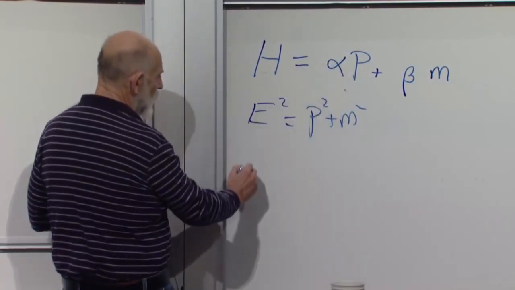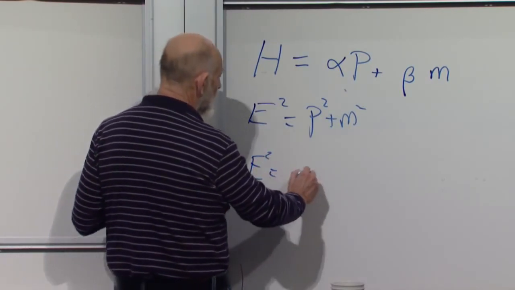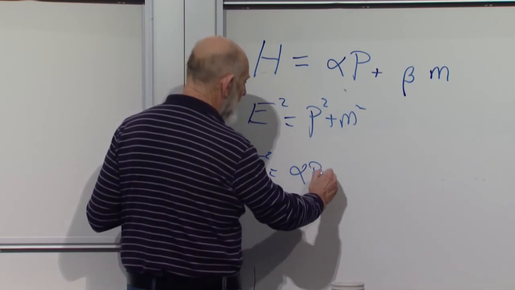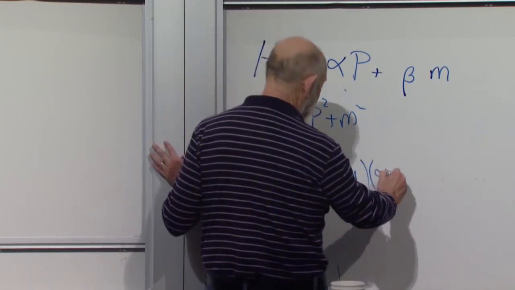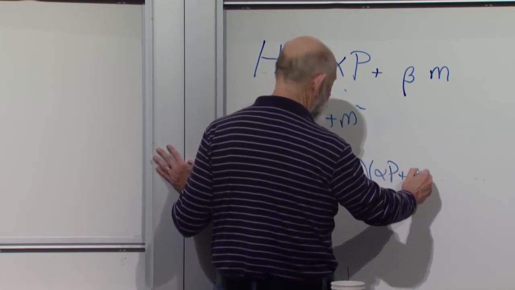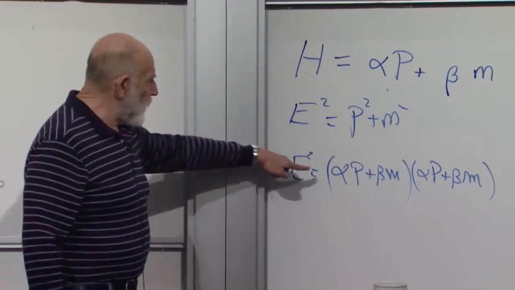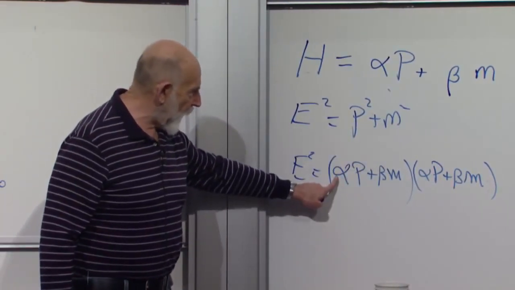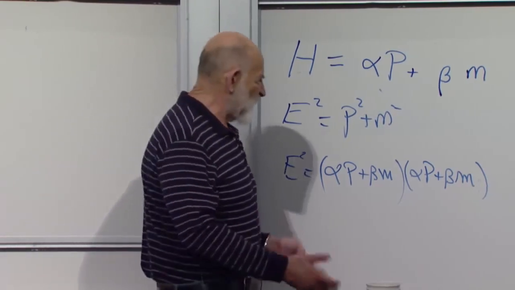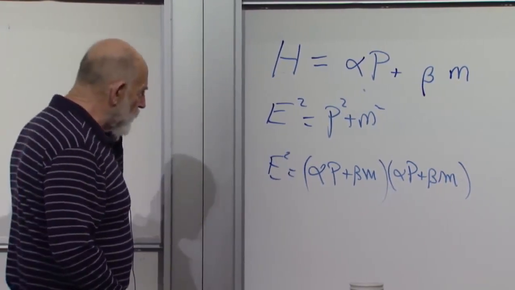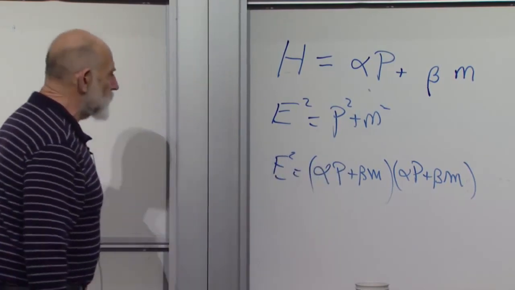All right, so that says H squared, which is E squared, should equal alpha p plus beta m times alpha p plus beta m. Okay, first of all, I'm going to get a p squared term. It's going to be alpha squared. Oh, incidentally, alpha commutes with p. It acts in a different tensor product Hilbert space. We don't have to worry about commutation between alphas and p's.